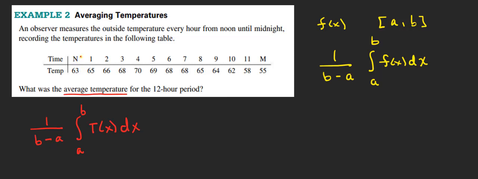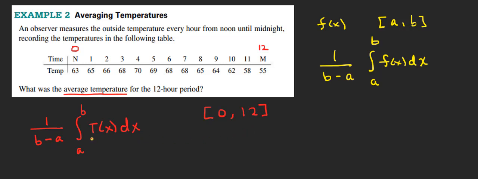Noon can be represented as when x equals 0, and that represents 1 p.m., 2 p.m., 3 p.m., and so forth. Midnight can be represented as 12. So a in this case will be 0 and b will be 12.